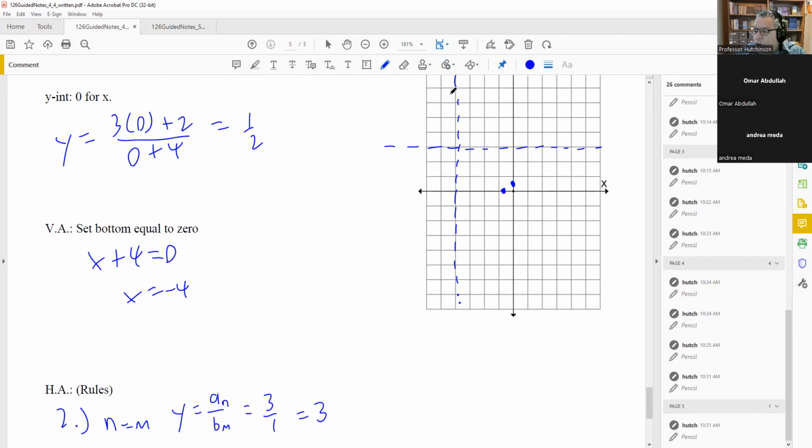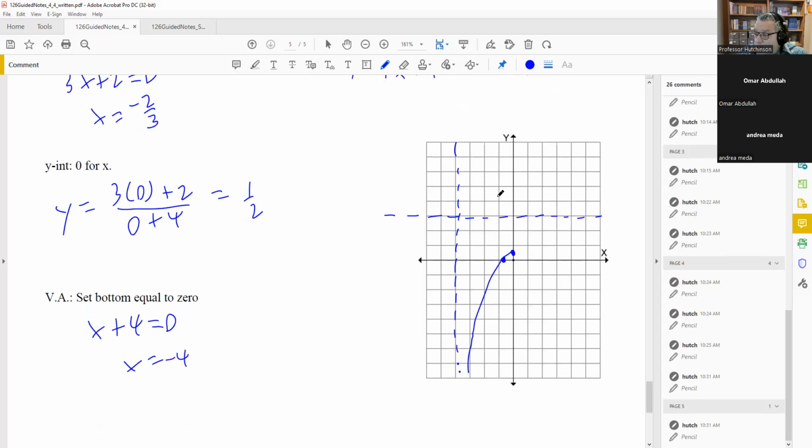And since there's only one vertical asymptote, the graph is either going to be below or above. Well, we know it's going to be below because we have intercepts here. That tells us the graph exists down in this section. So to follow this one, it's going to go through here like that. How we know that is because if it was up here, the graph would have to cross the x-axis up here, but the only y-intercept we got was 1/2.